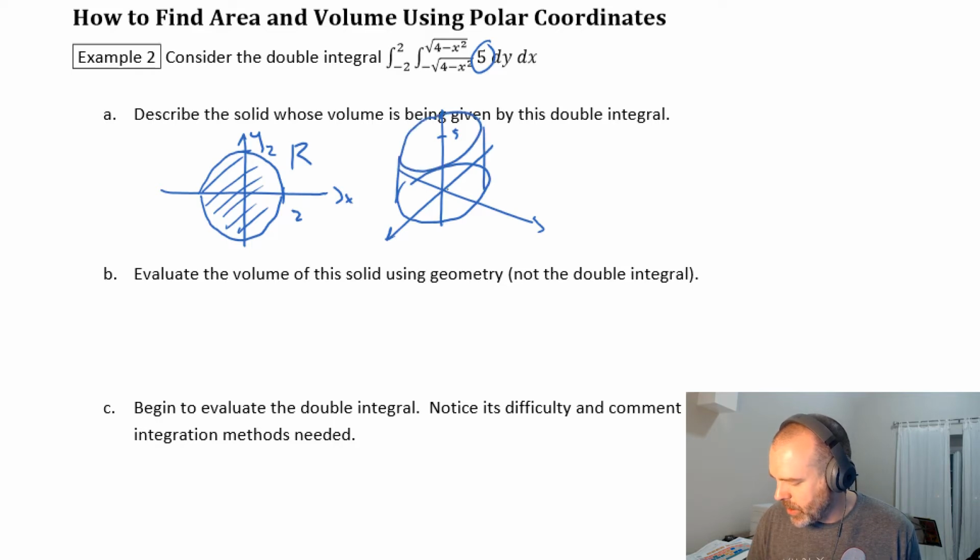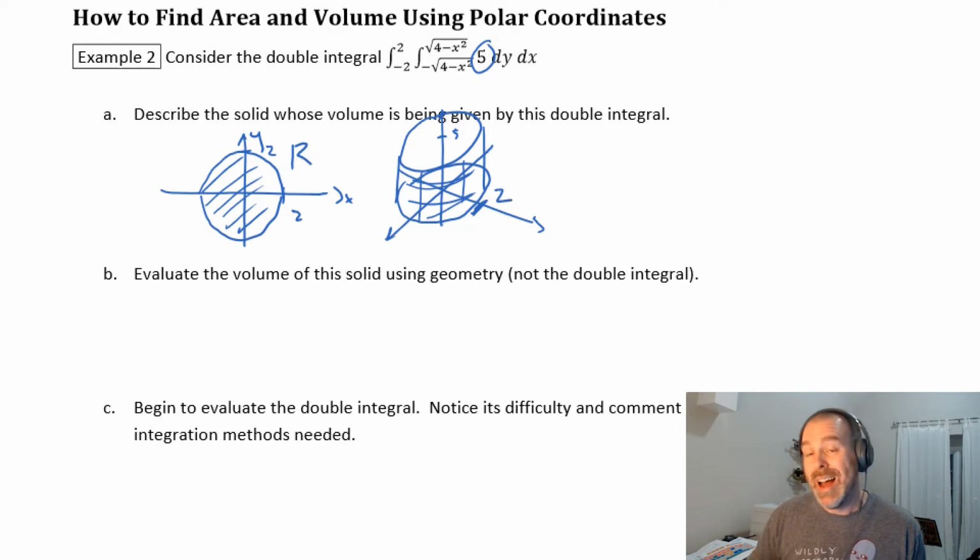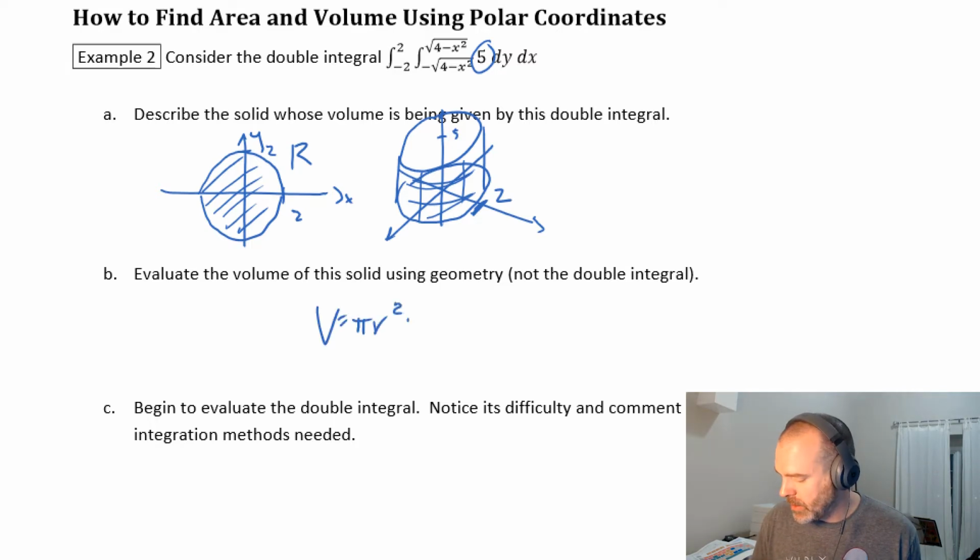And we have a cylinder, radius 5 here. No, not a cylinder radius 5. Cylinder radius 2, height of 5. Okay, let's evaluate the volume of this using geometry. The volume of a cylinder is the area of the base times the height, so that's pi r squared h. Pi times 2 squared times h is 5, so 20 pi.